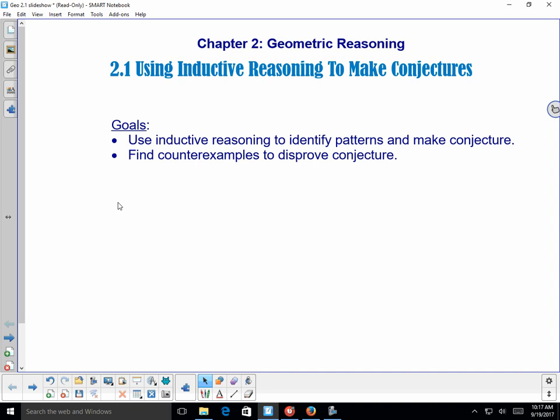You certainly can rewind the video. However you need to interact with this video so that you're understanding this section and completing your video guided notes. So section 2.1 is using inductive reasoning to make conjectures. Your goals are to use inductive reasoning to identify patterns and make conjectures, and also to find counterexamples to disprove conjectures.